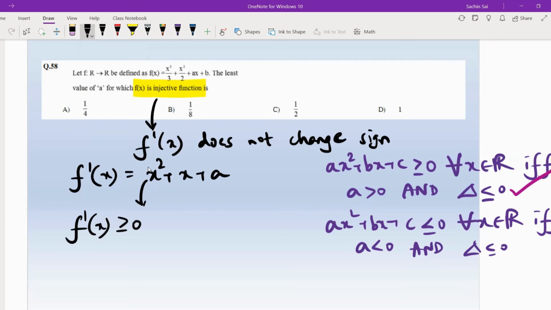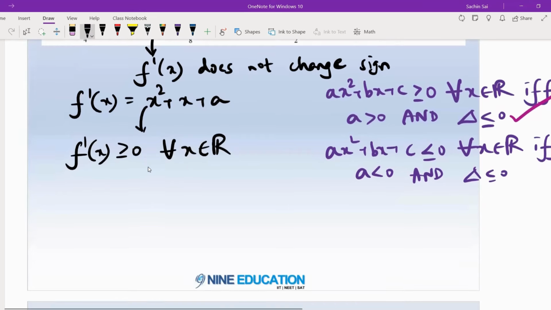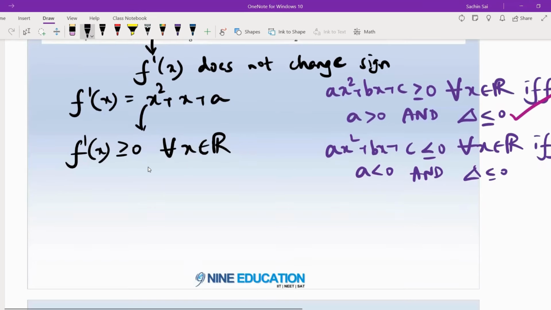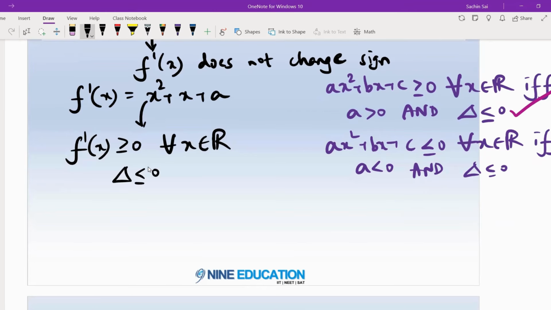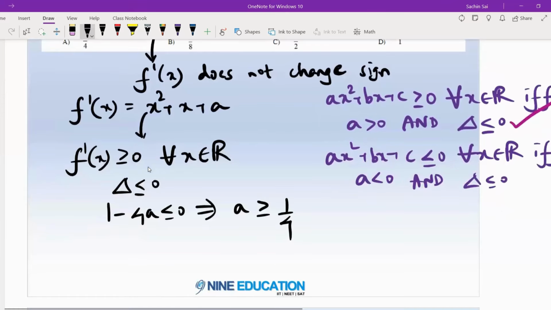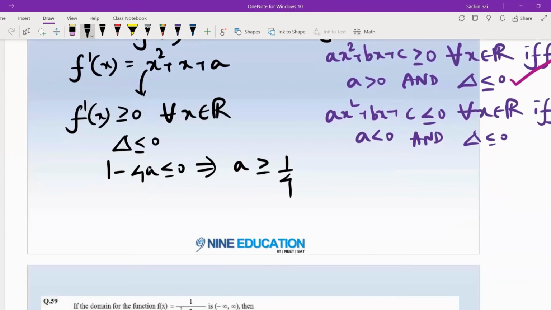So f dash of x greater than or equal to 0 for all x belongs to R. This means the coefficient of x square is already positive, so you have to make delta less than or equal to 0. That means 1 minus 4a less than or equal to 0, which means a is greater than or equal to 1 by 4. So the smallest possible value of a is 1 by 4.